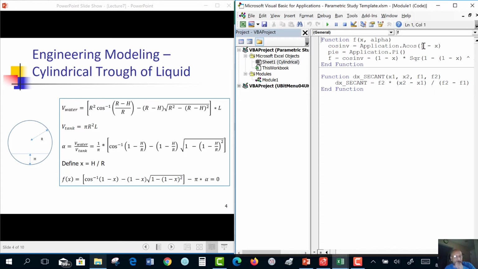It turns out that VBA does not have a cosine inverse function. It does not have a sine inverse function. The only thing it has is a tangent inverse function. Of course, we can express cosine inverse in terms of tan inverse. But let's suppose we don't want to do so.